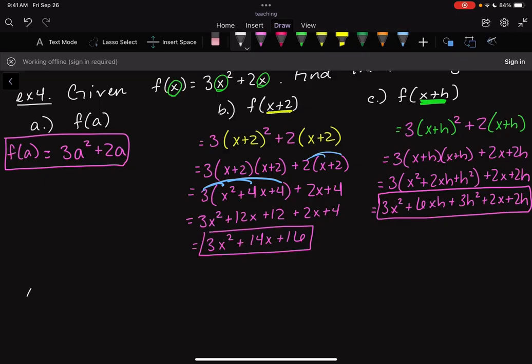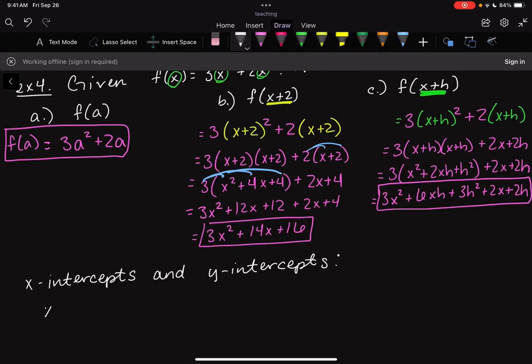Next, we want to talk about x-intercepts and y-intercepts, because they have a relationship with the function notation. So x-intercepts are real answers, meaning not complex.